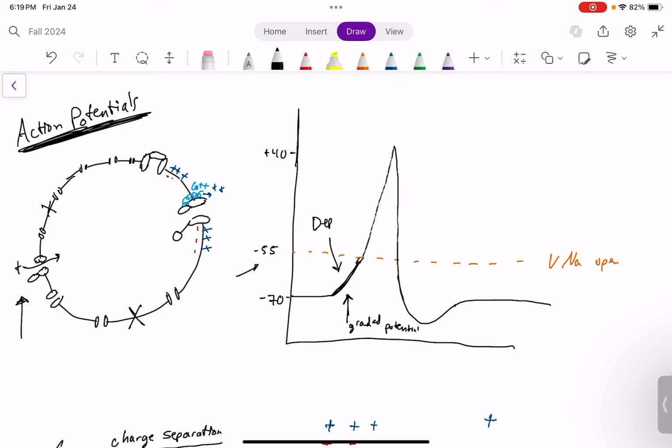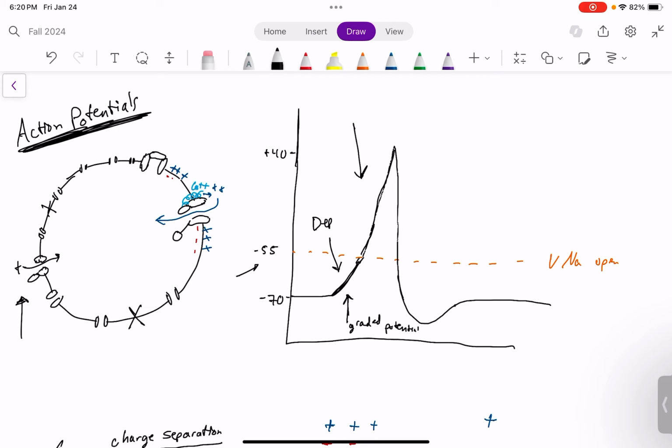Then when that happens, this voltage gated sodium channel opens, allowing a bunch of sodium and positive charge to rush in. And this continues to depolarize the cell quite rapidly. And you see this rising phase right here where it depolarizes up to a very high point.